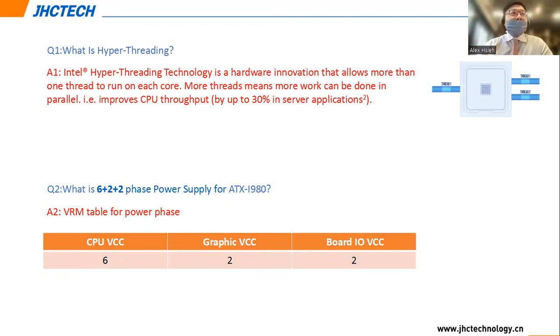You can see the spec as a number plus a number plus a number. The first one is for the CPU VCC phase, which you can see as 6 or 8 in the general spec.